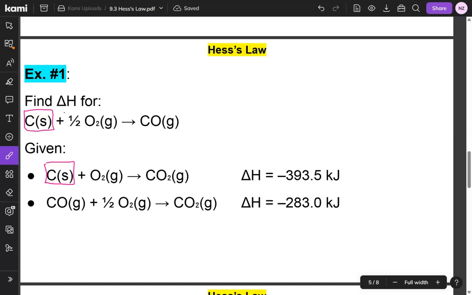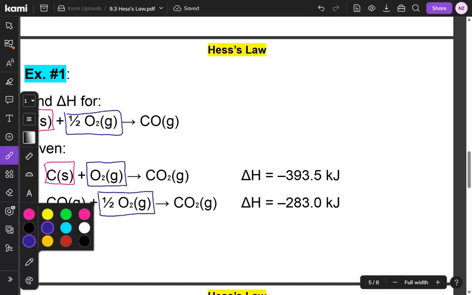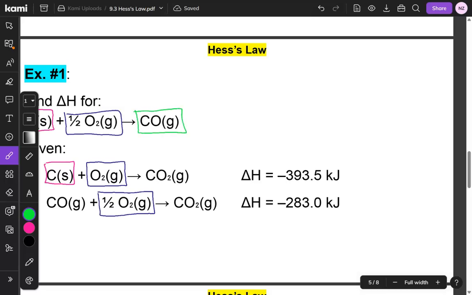Let's see, we also have oxygen. Oxygen is present in the first reaction. Oxygen is also present in the second reaction. Okay, finally, we have carbon monoxide.